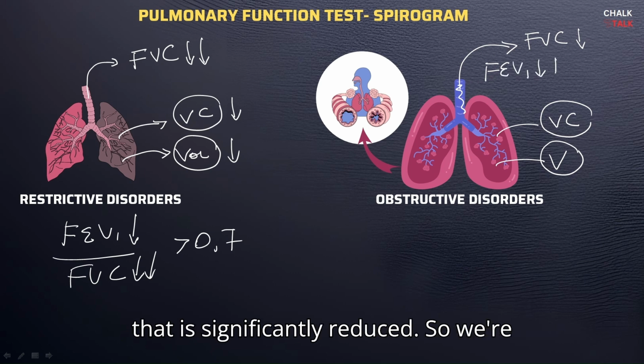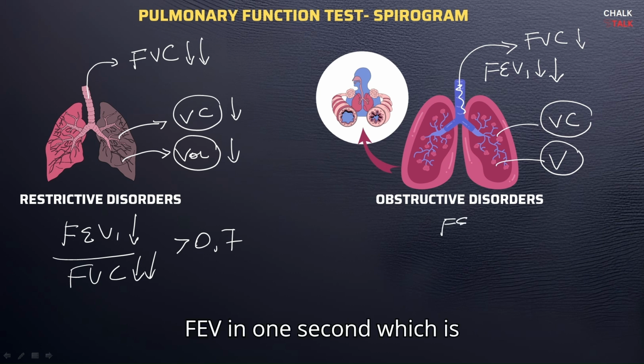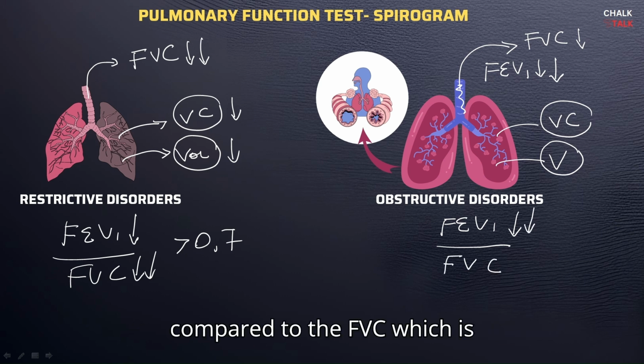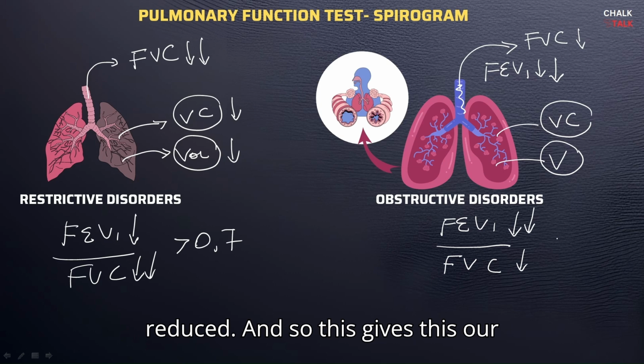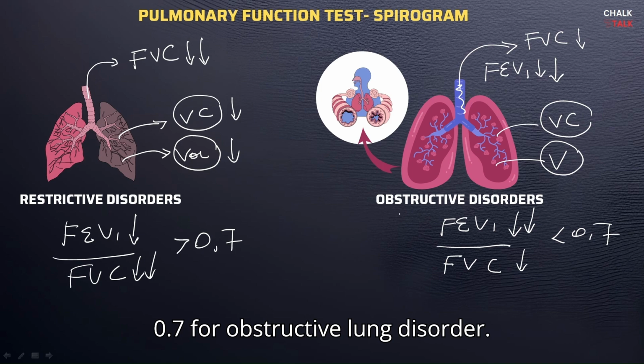So that is significantly reduced. So we're going to have a ratio that is the FEV in 1 second, which is substantially or considerably reduced compared to the FVC, which is reduced. And so this gives this ratio less than 0.7 for obstructive lung disorders.